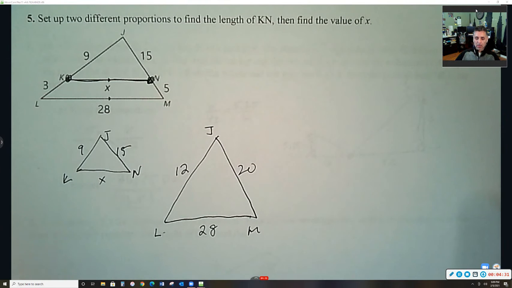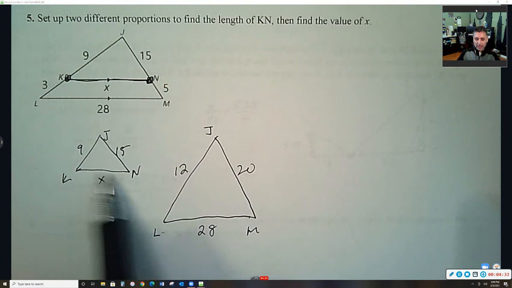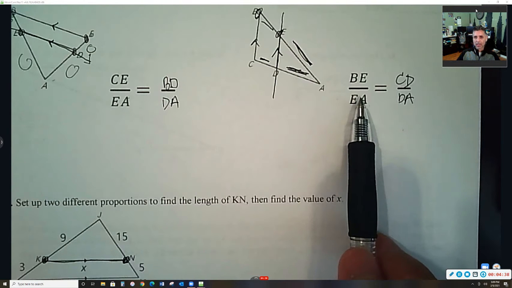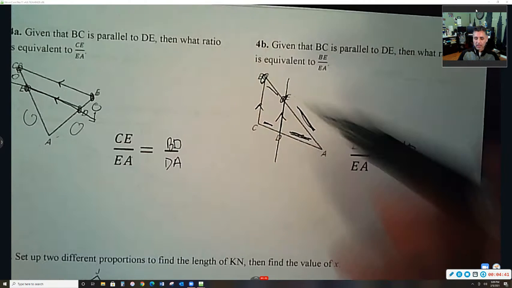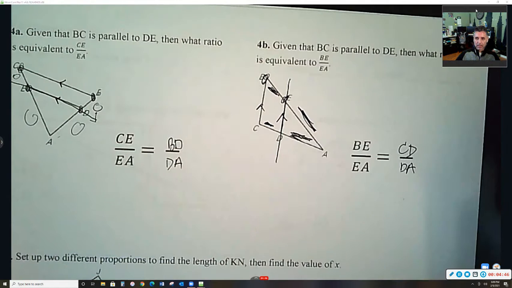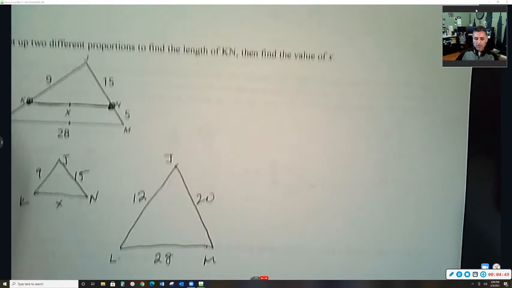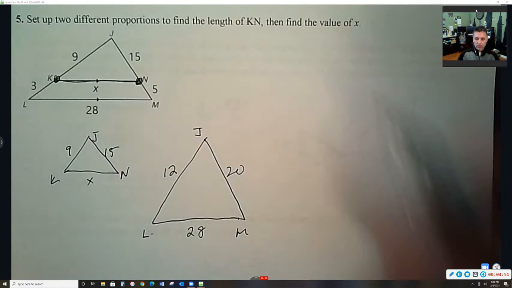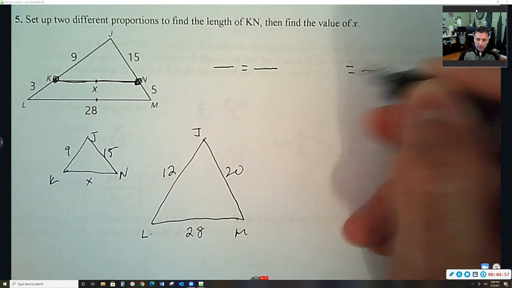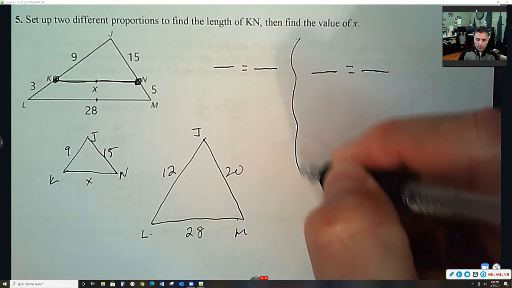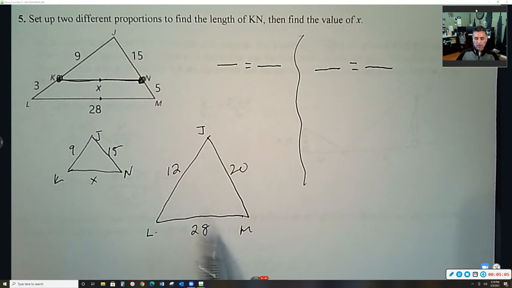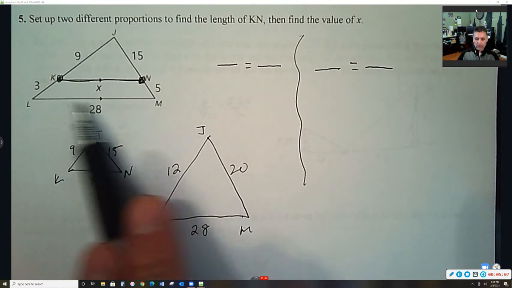Now you want to pull them apart because you want to find this bottom length, and you cannot use these proportions like that. These proportions only deal with the side lengths that are cut. So to write 2 different proportions to solve this, we definitely need to use the x and the 28 because those are corresponding. The x is matching with the 28.